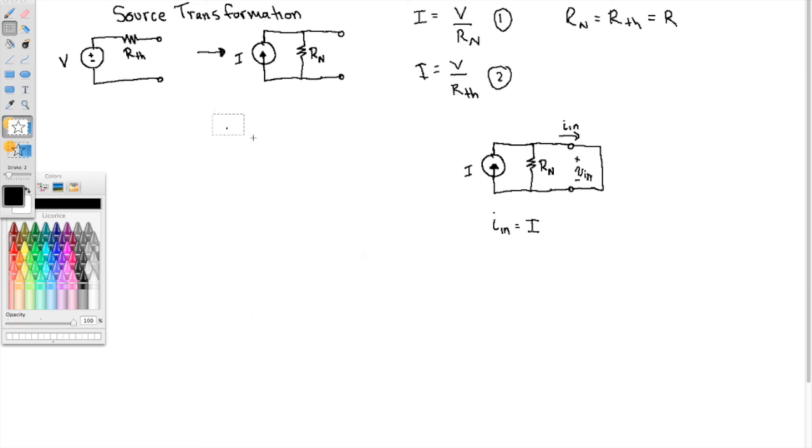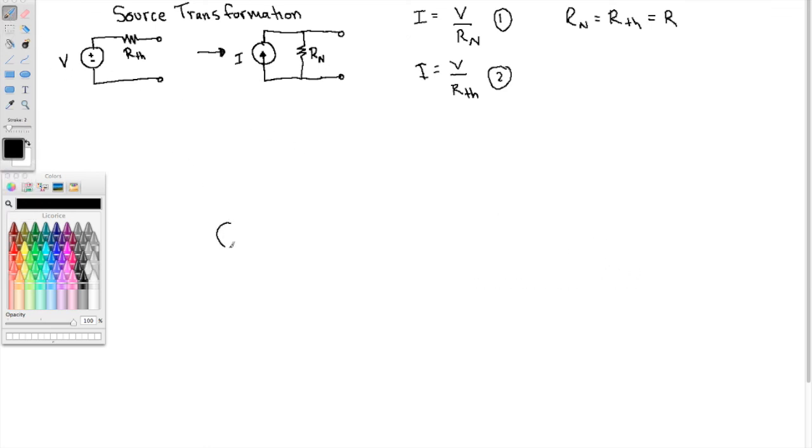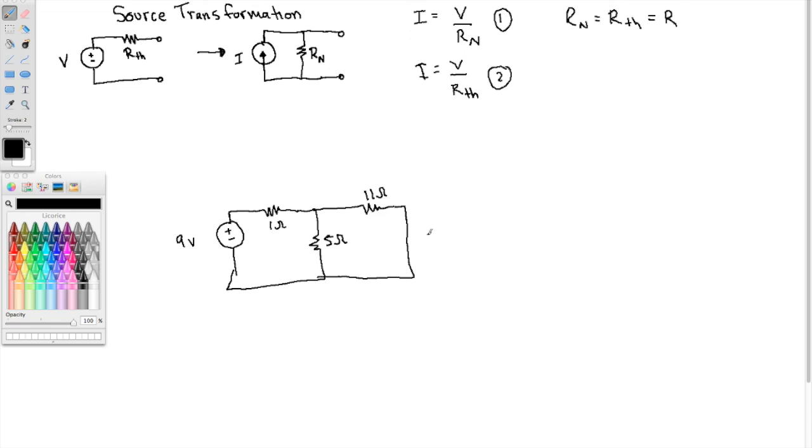So let's be concrete about this now. Suppose you were given maybe a 9-volt battery, and a 1 ohm resistor, and maybe this is connected to something like this. Maybe we have 5 ohms here, 11 ohms here. Okay? I can transform this to the following picture.